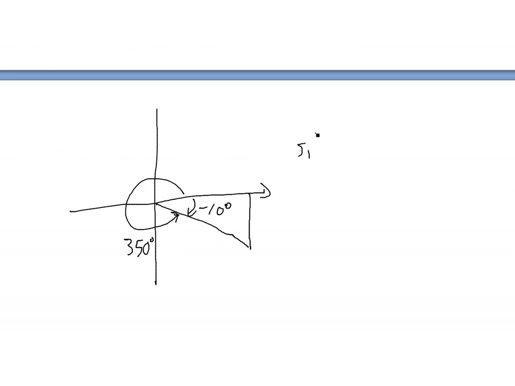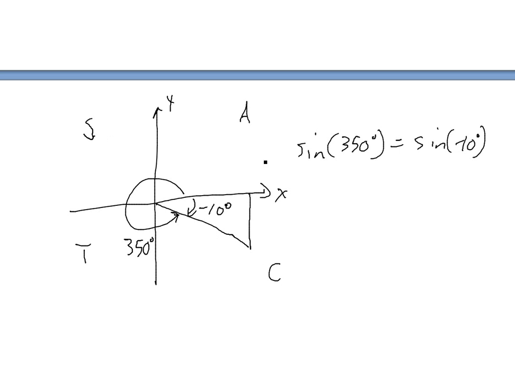If you were to go sine 350 degrees, this just equals sine -10 degrees. And on this rule, this is Y, this is X, all students take calculus.